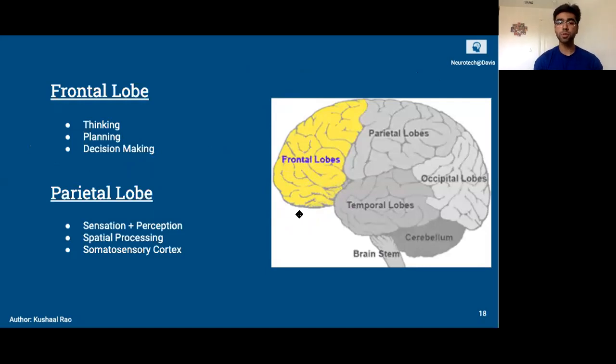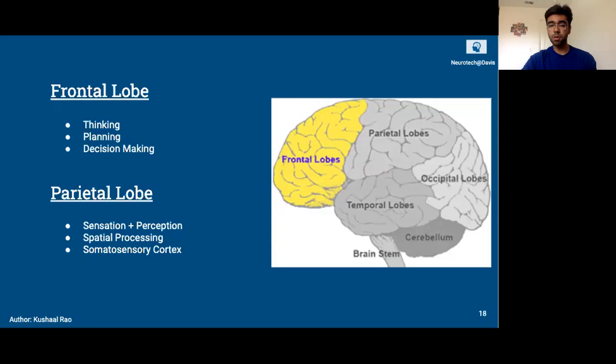It's responsible for thinking, planning, and decision making. We call these executive functions, and they allow us to make a hierarchy of our goals and plans, think in the big picture, understand our day-to-day interactions, and abstract away from us as individuals and us in society.